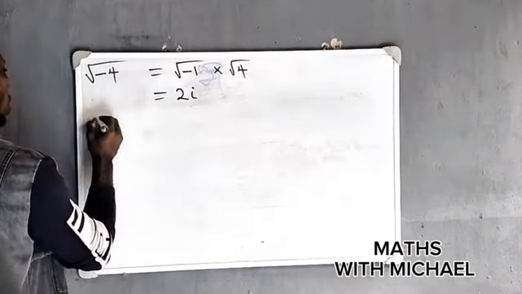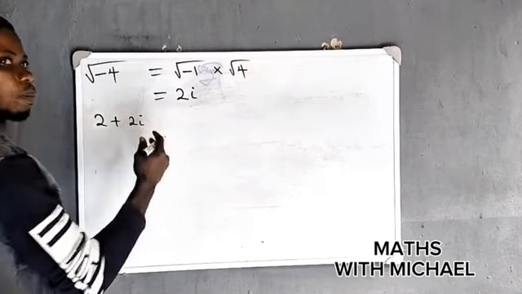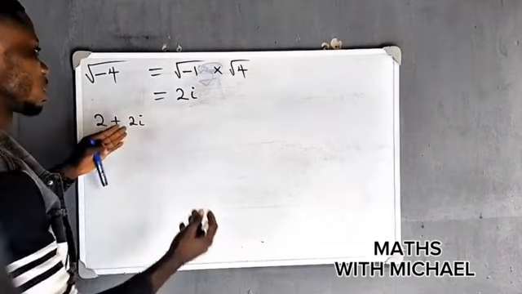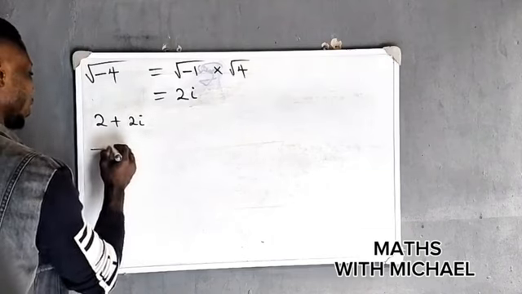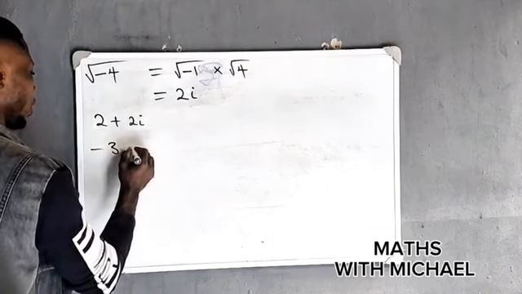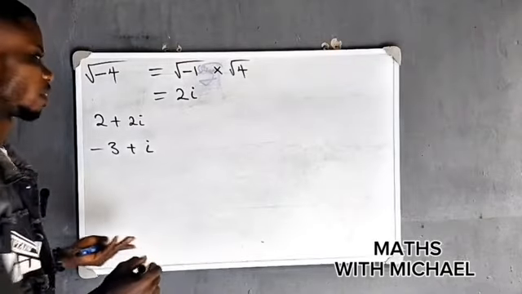So numbers like 2 plus 2i or 2 plus i2 are complex numbers. We may also have numbers like -3 plus i.